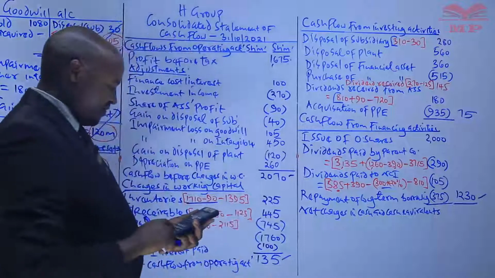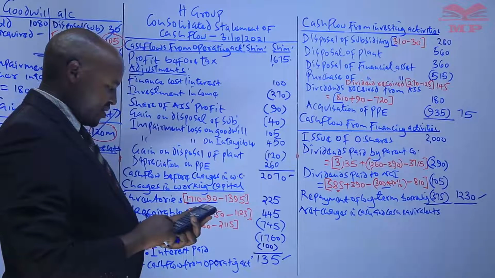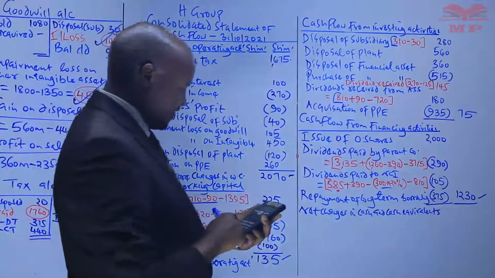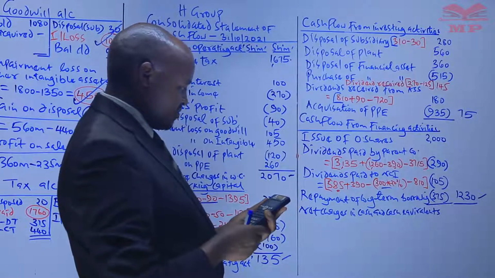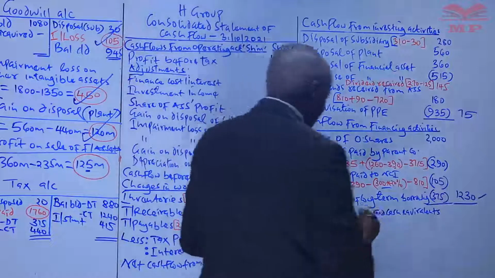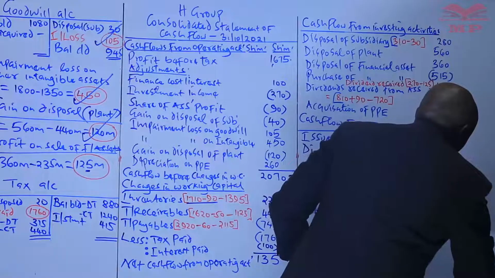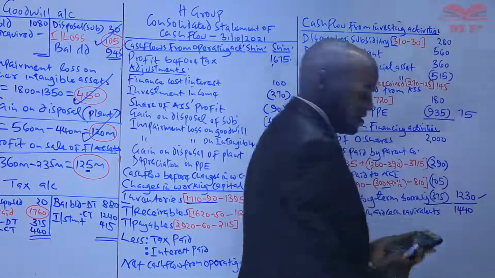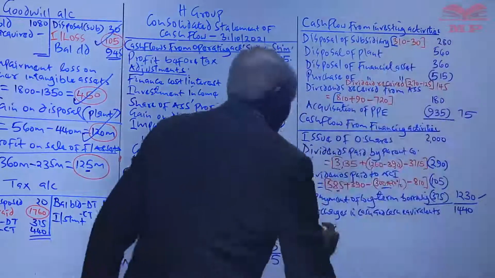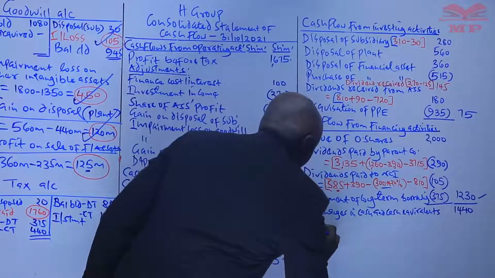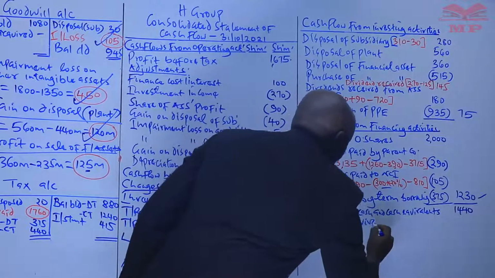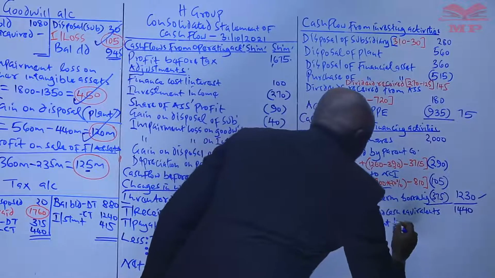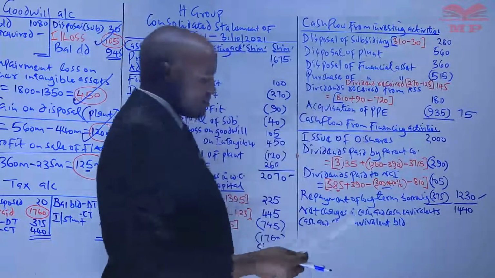We take 135 plus 75 plus 1230, which will give us a net change in cash and cash equivalent of what? 1440. And then to this, what do we add? We add the cash and cash equivalent at the start, balance brought down.